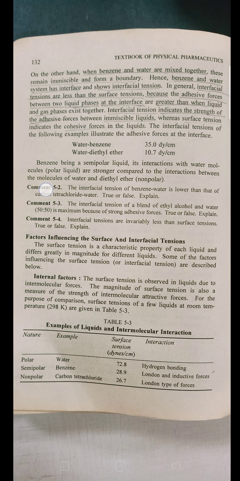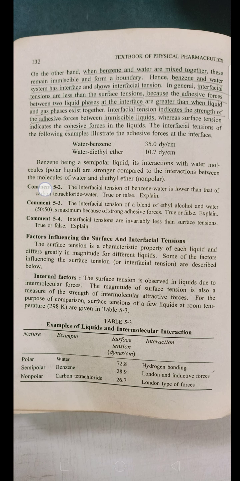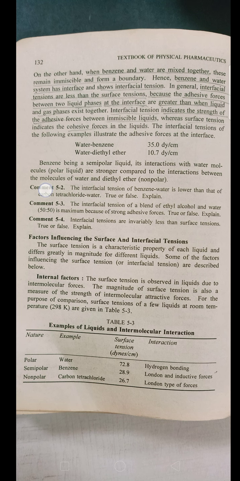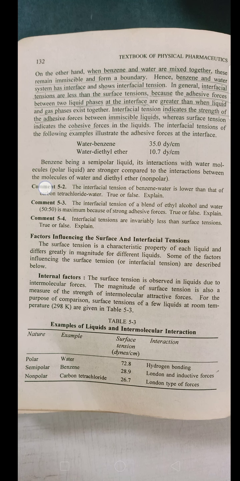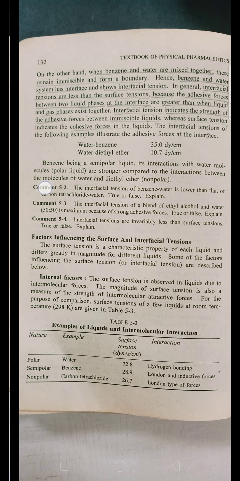Surface tension is a property of liquid which differs in magnitude for different liquids. So what factors affect surface tension and interfacial tension? The first is internal factors. Why are internal factors first affecting? Because the surface tension is observed in liquids due to intermolecular forces. It is because of intermolecular forces that surface tension is seen. So the magnitude of this surface tension is also a measurement of intermolecular attractive forces.